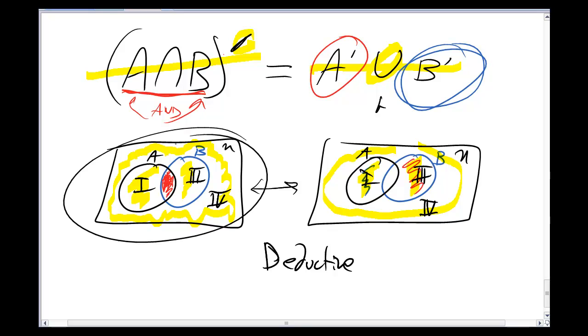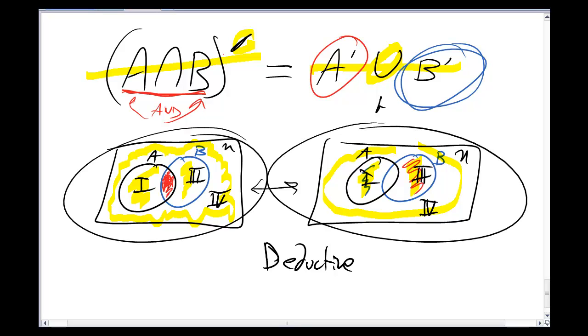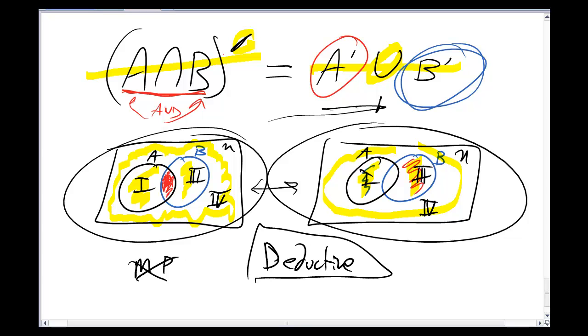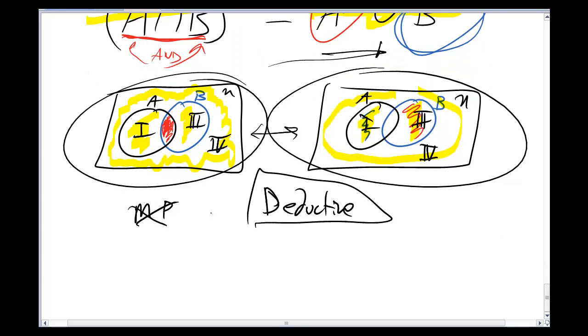I've understood the general thing. This wasn't for a particular set A and B, like my M and P that I was talking about. I wasn't using those. I was using any A and any B. This was anything using my general Venn diagram shape. Because this was going from the general rule, I know that this will always work for any particular sets that I'm working with. So that's the first De Morgan law.